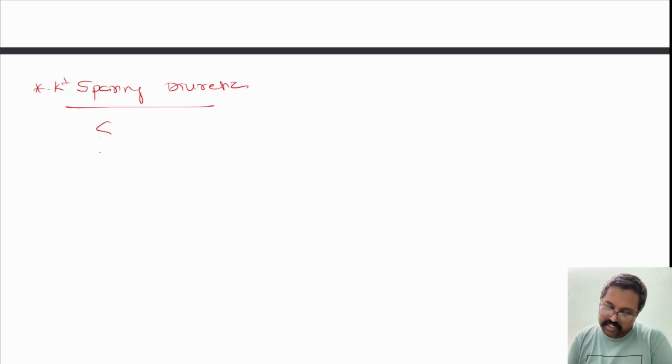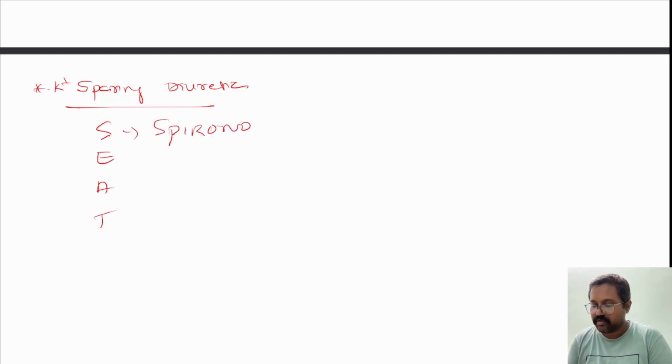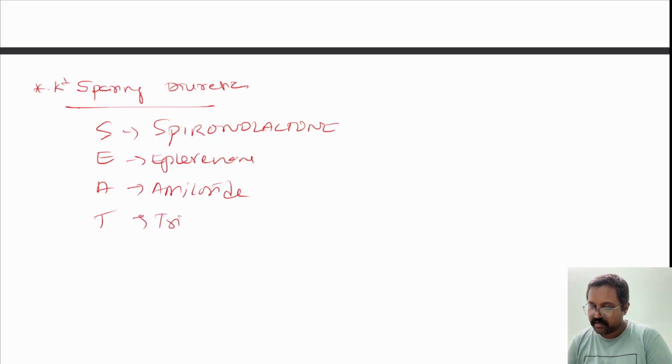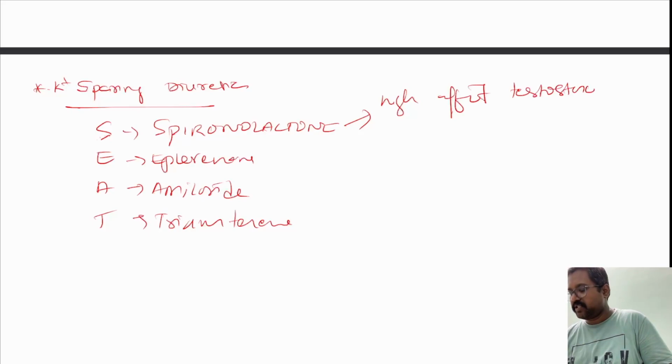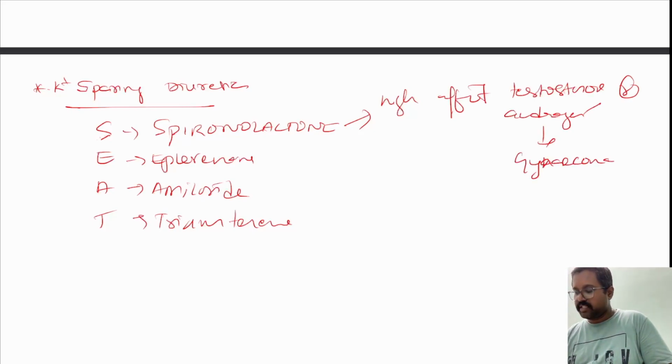Under that you need to remember SEAT. SEAT stands for spironolactone, eplerenone, amiloride, and triamterene. But spironolactone has a high affinity towards the testosterone or androgenic receptor, which is responsible for gynecomastia.